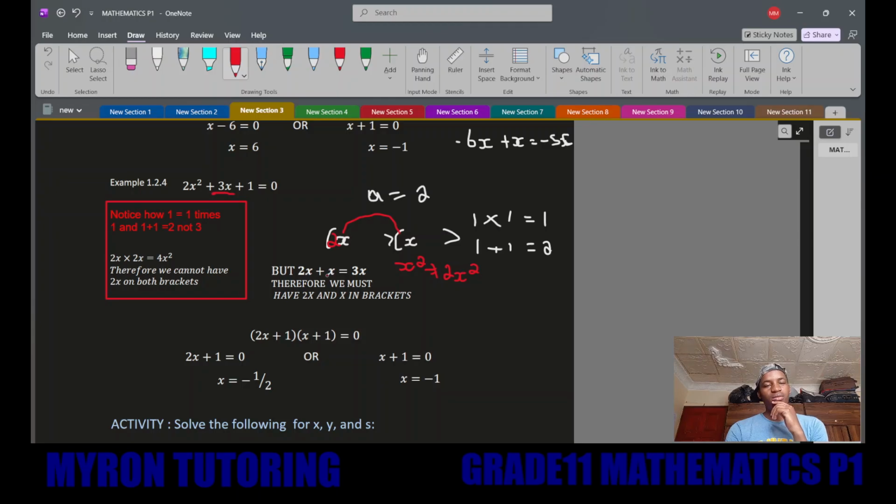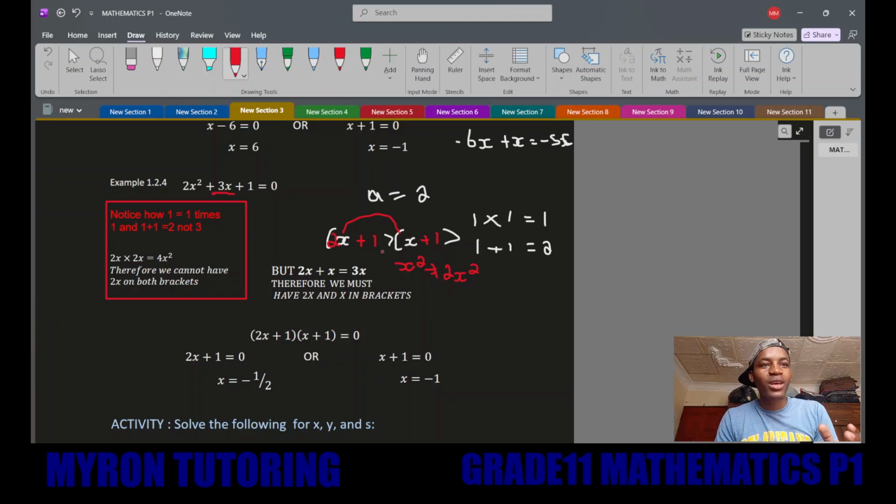In this case, one of the x's must carry a 2, and since the number that we have at the end is positive 1, positive 1 is just 1 times 1. So on both sides we'll have positive 1 and positive 1. And conveniently enough, when you multiply 2x and 1, you get 2x.